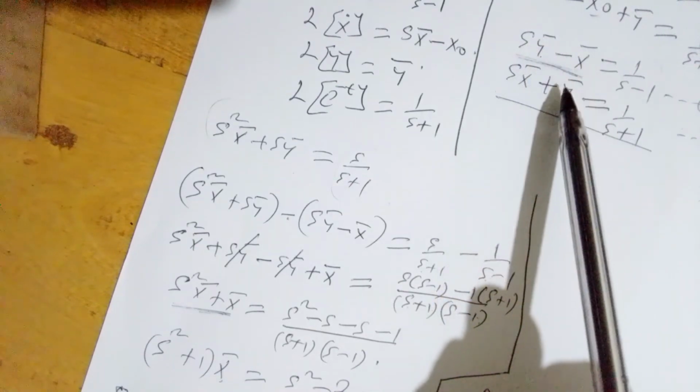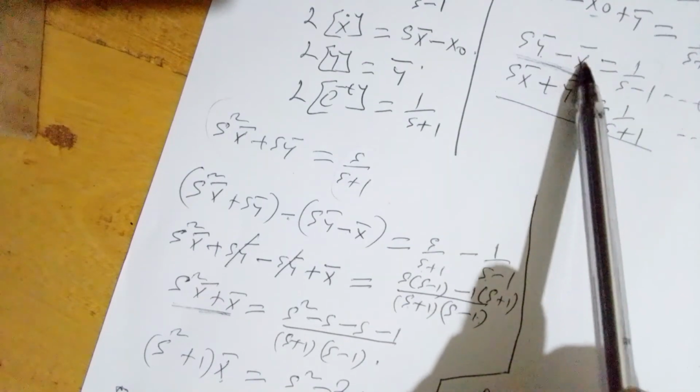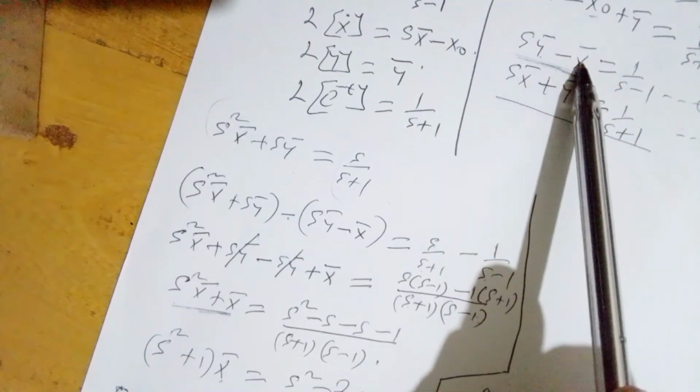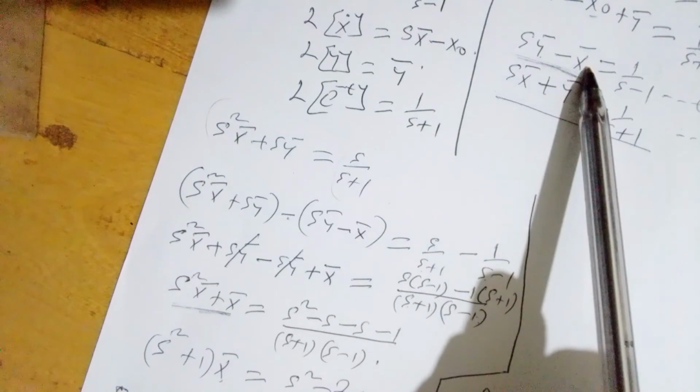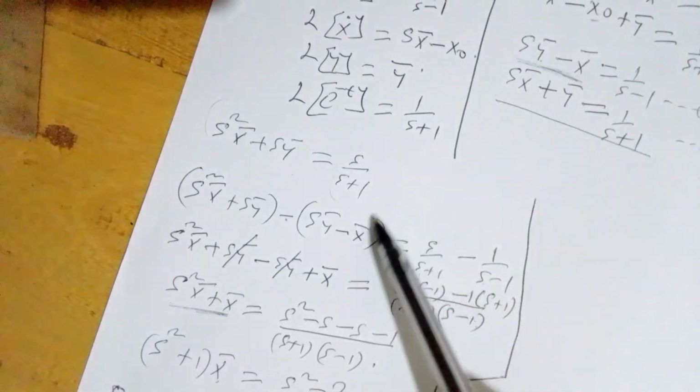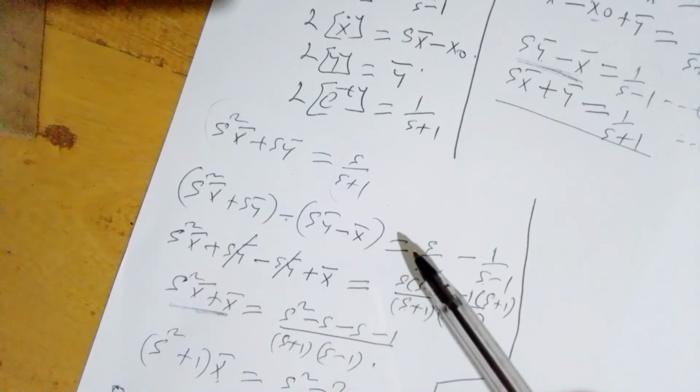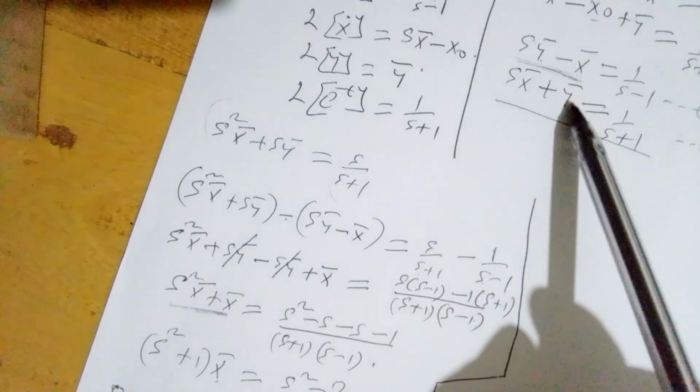So if you want now to get the value of y, you now eliminate what? You now eliminate x, you multiply through the first equation by s, and then you work through the way we have done up to the end to get the value of y.